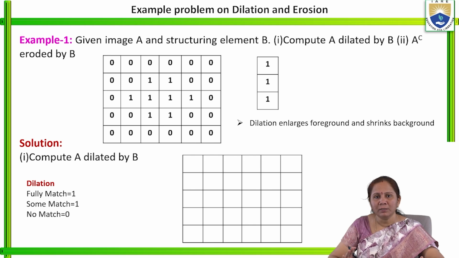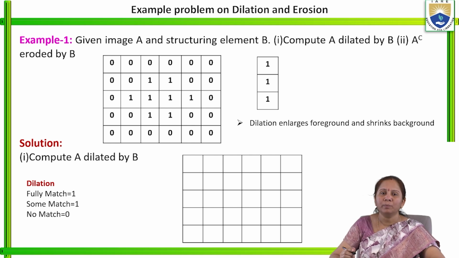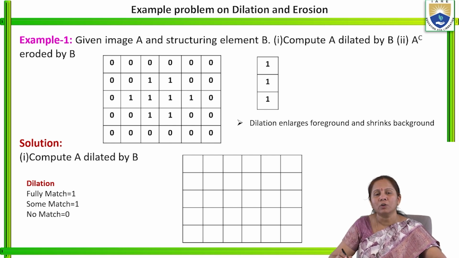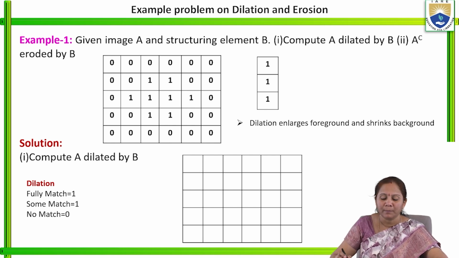If it is partially matched, what will be the value of the pixel, and if it is not matching, what value we have to place as the pixel value in the output image. So based on those conditions for erosion and dilation, in this session we will solve some example problems.